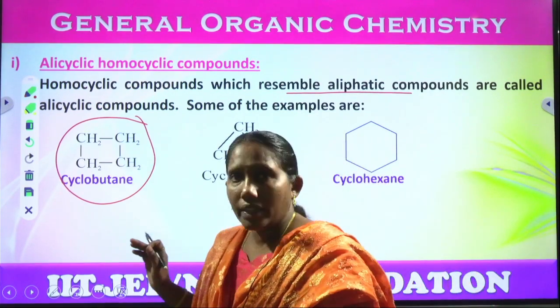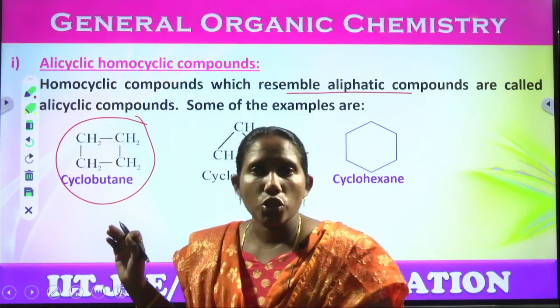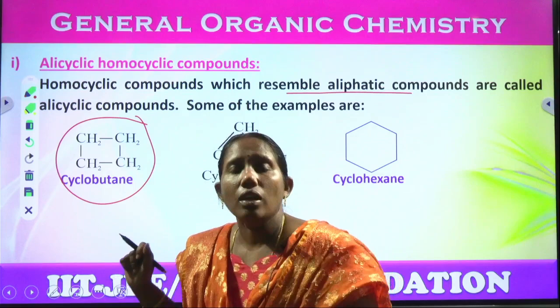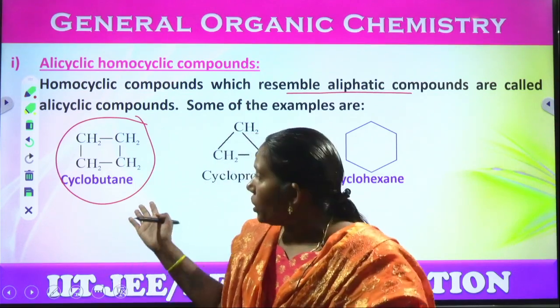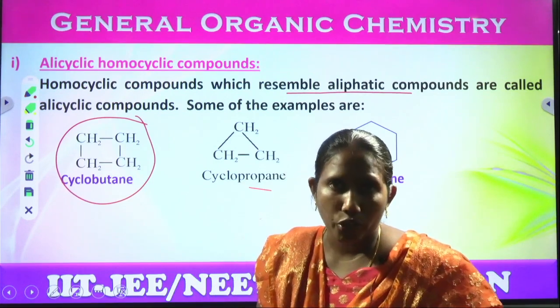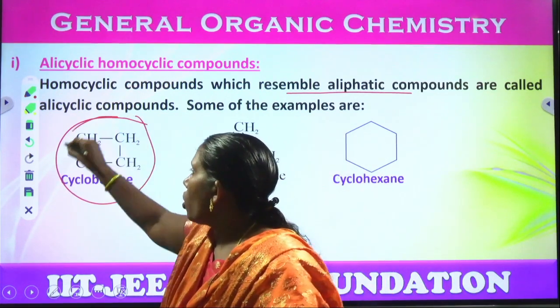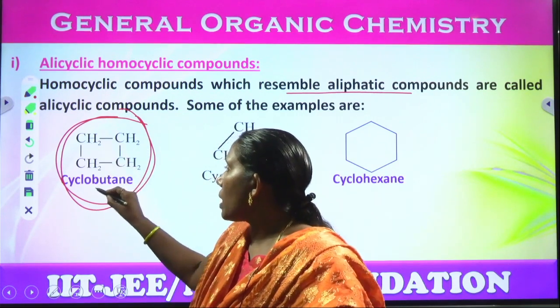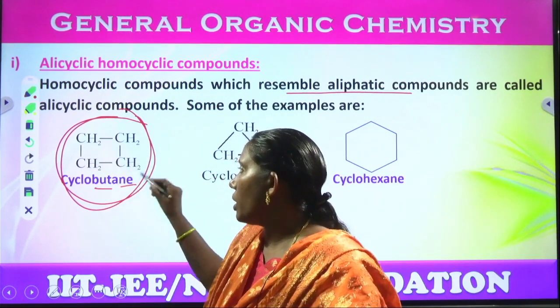So aromatic nature is nothing but the compound which has 4n+2 pi electrons, those are said to be aromatic in nature. Here no pi electrons means no pi bond, means no double bond, all are single bonds only, right? So cyclobutane, CH2, CH2, CH2, CH2, 4 carbons are there, but all are single bonds only.